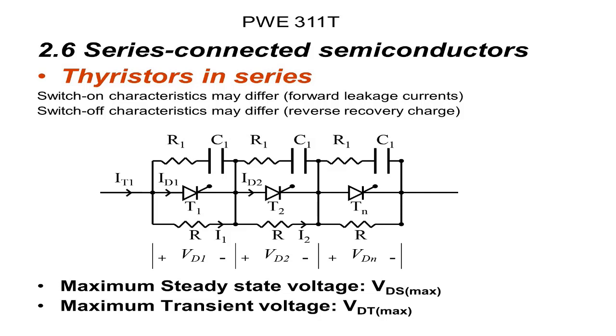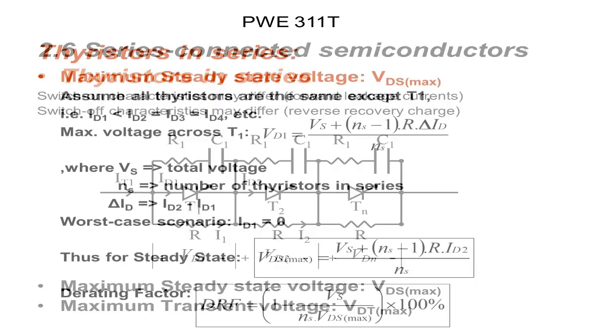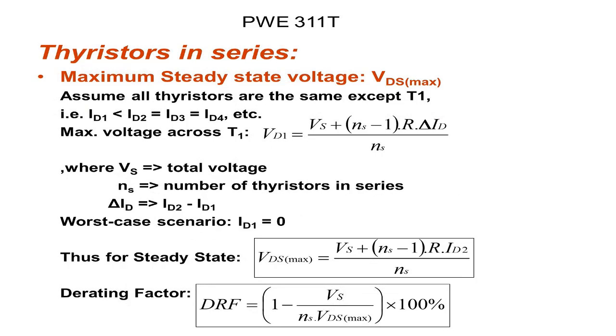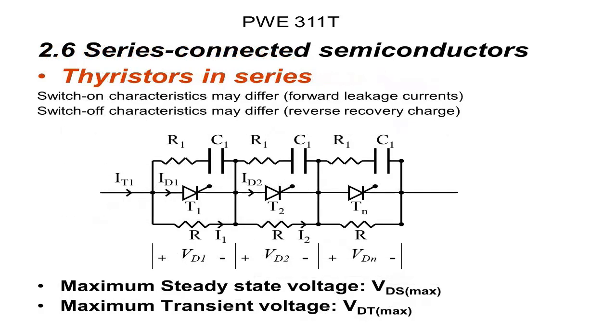Okay, we should know that when current IT1 gets in there, it can divide into 3.